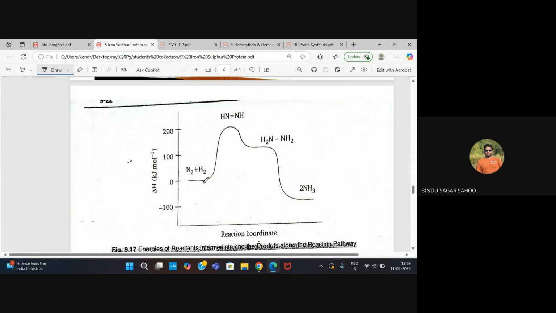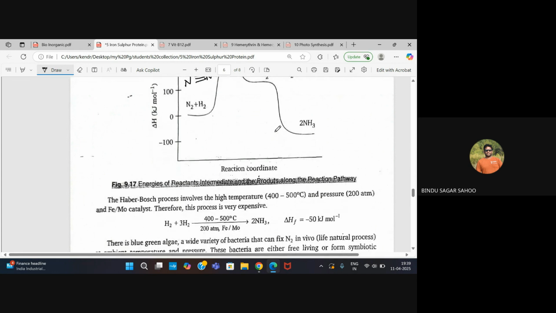When nitrogen gets converted to ammonia, it passes through transition steps. In the first step, N triple bond N gets converted to NH double bond NH, in the second step to NH2 NH2, and in the third step it breaks down to NH3 NH3.